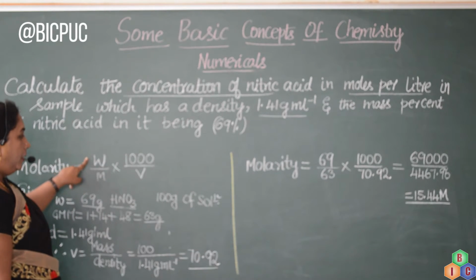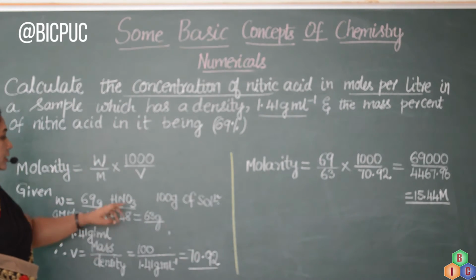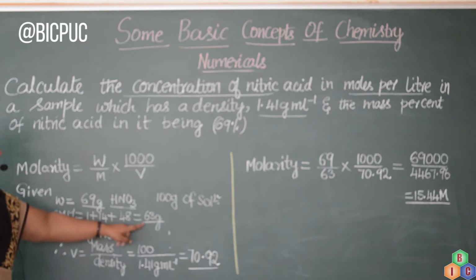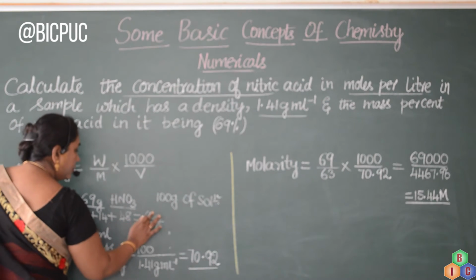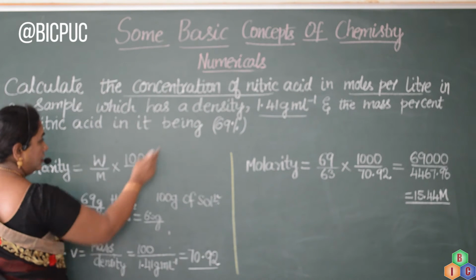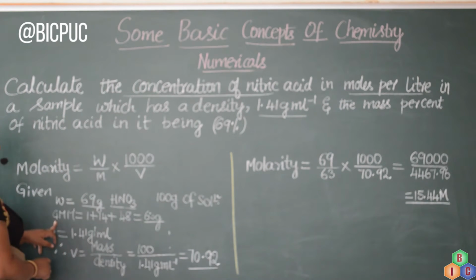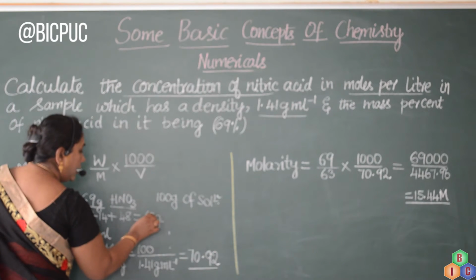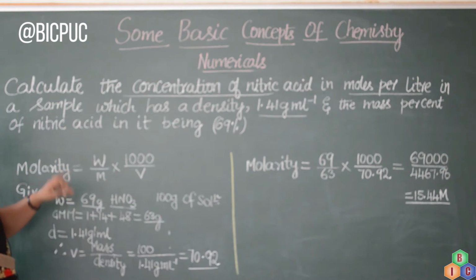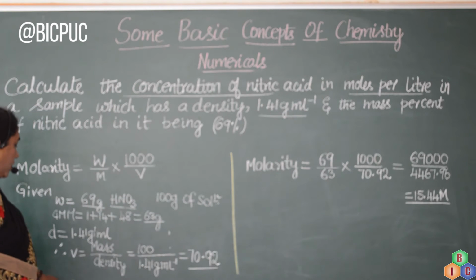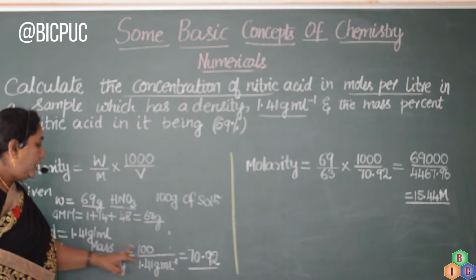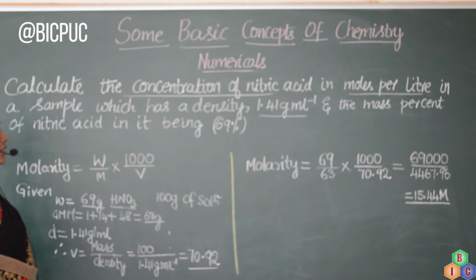So let us put all of these values as per this formula. Molarity is equal to W. The value of W is 69, and gram molecular mass is 63 that we have calculated, into 1000 by V, that we have calculated here by taking the density value, that is 70.92.